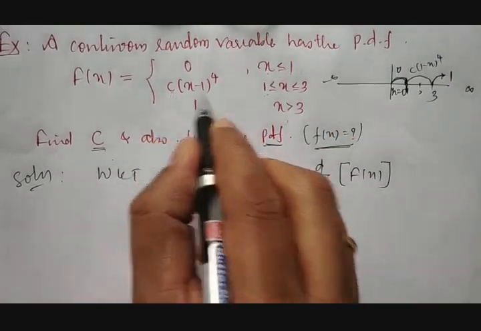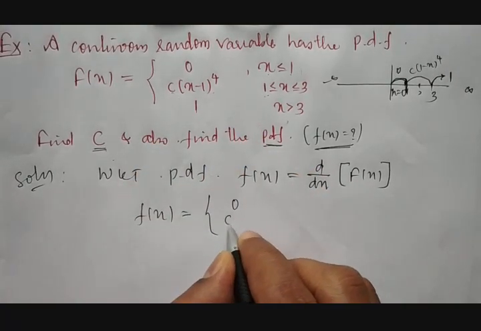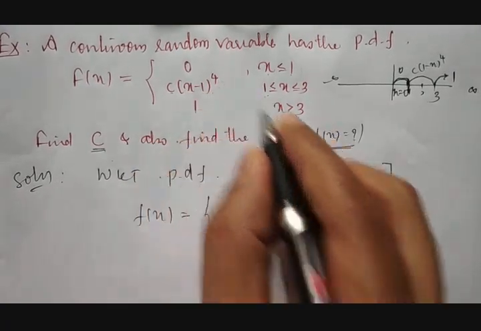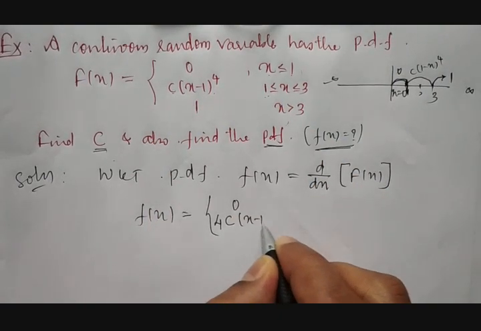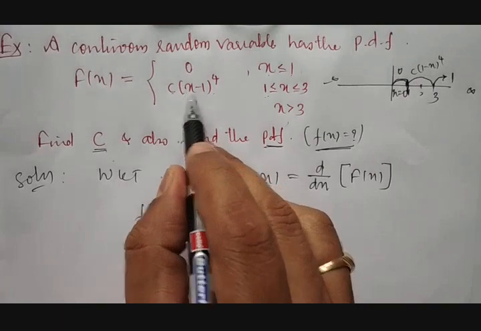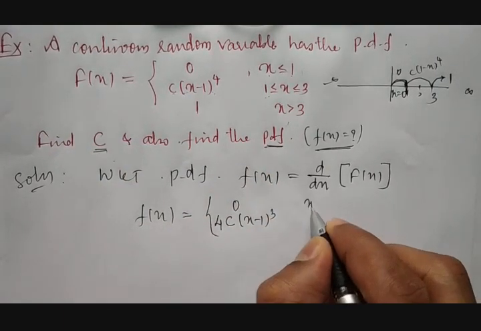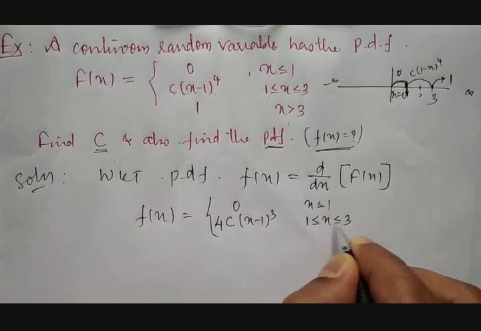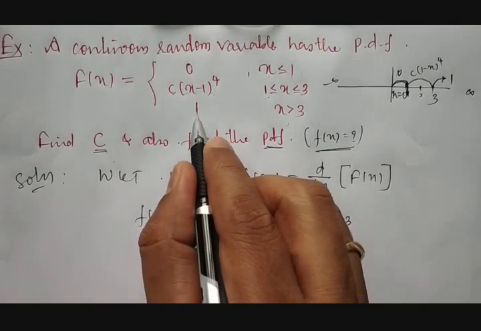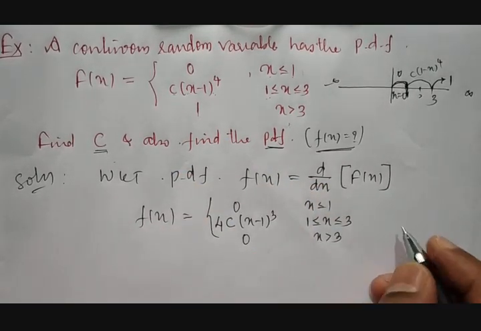Second, differentiation of c into (x minus 1) raised to 4 is 4 times c into (x minus 1) cube into differentiation of the bracket, which gives 1. This is for 1 less than or equal to x less than or equal to 3. Third, differentiation of 1 becomes 0 where x is greater than 3.